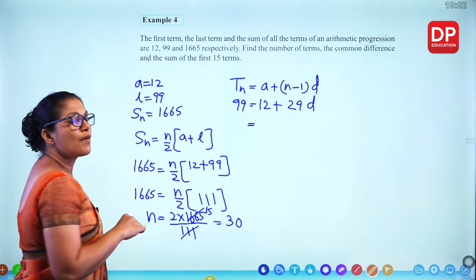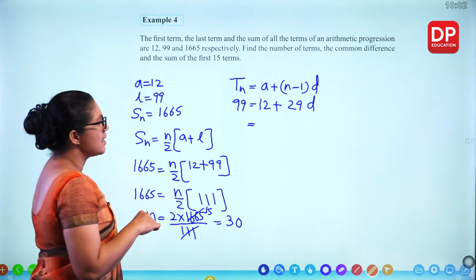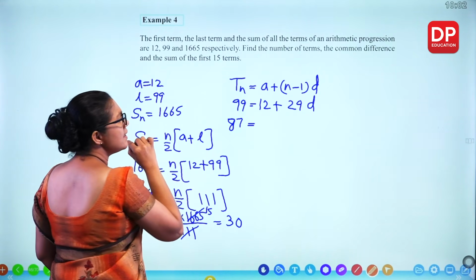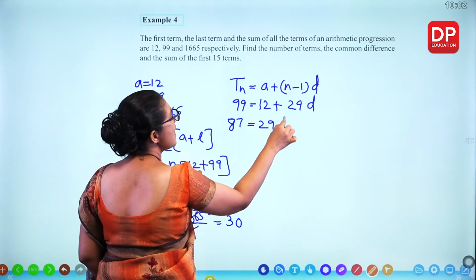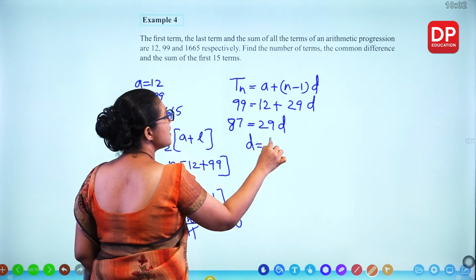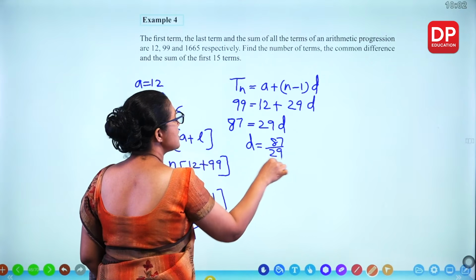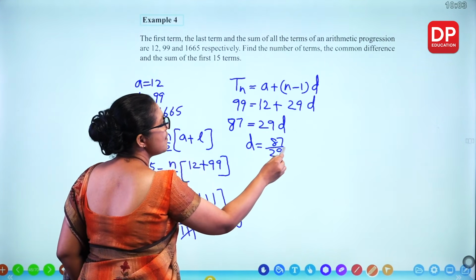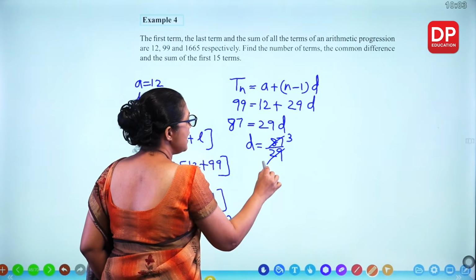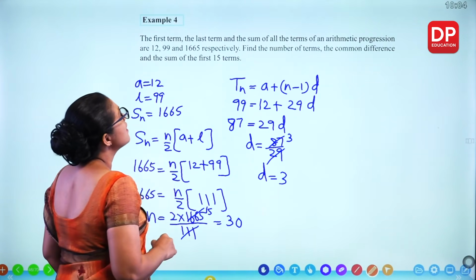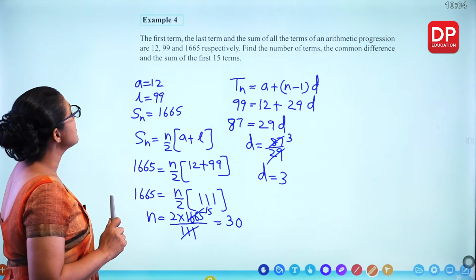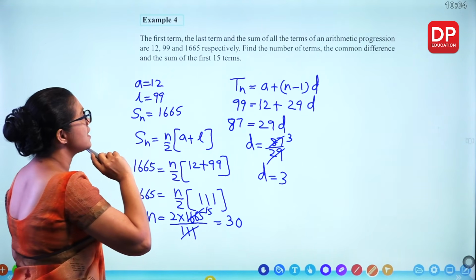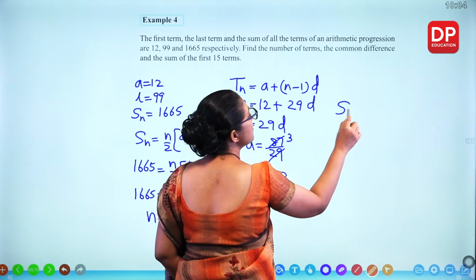Use this formula to find the common difference. 99 minus 12, you get 87 equals 29d. So what is the difference? 87 divided by 29. How many 29s are there in 87? You get 3. So d equals 3, the common difference is 3. Now we need to find the sum of the first 15 terms, S15.